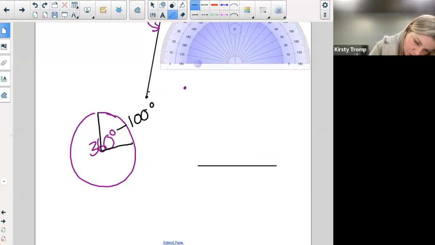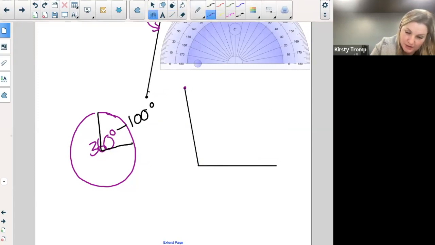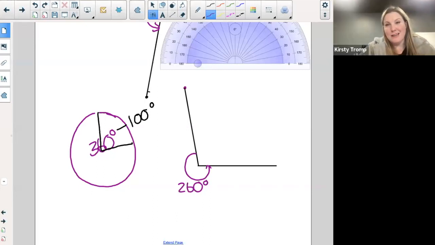We're going to join that point to the middle point, and we're going to tell them that the inside will be 100, but on the outside will be 260 degrees. Done. That is a little bit trickier, I know, but it requires a little bit of maths to do that.